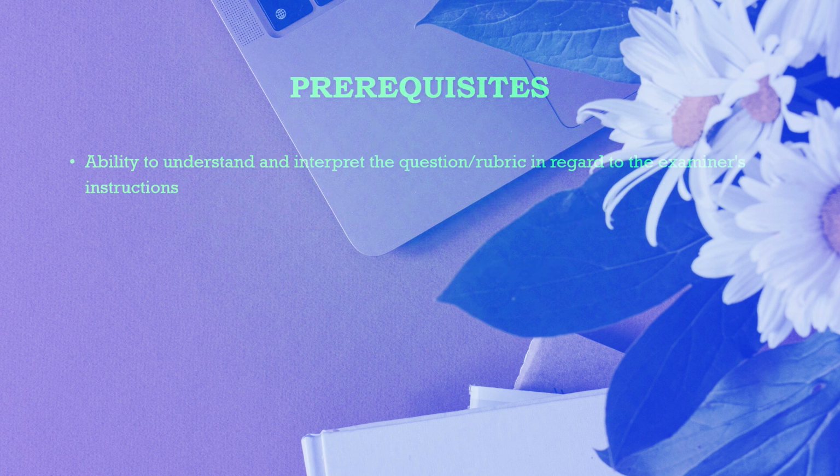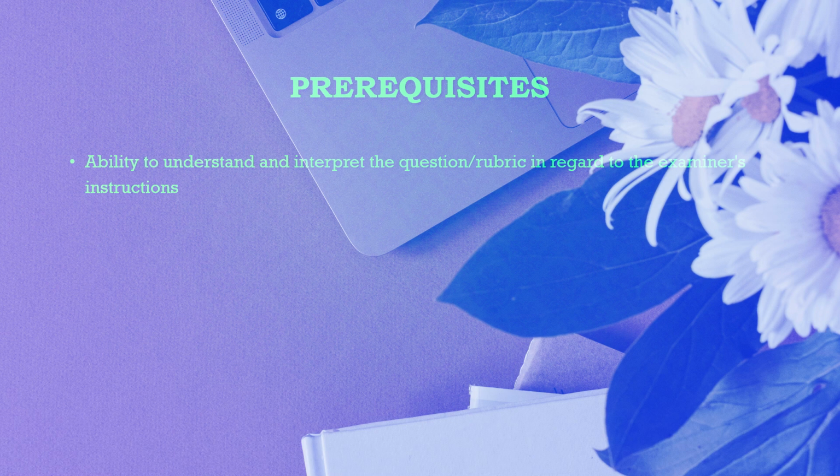Firstly, you need the ability to understand and interpret the question or the rubric in regard to the examiner's instructions. Remember, in our previous video, we had talked about what a rubric is. In this connection, we say that the rubric refers to the words that you've been given, out of which you build up a story.